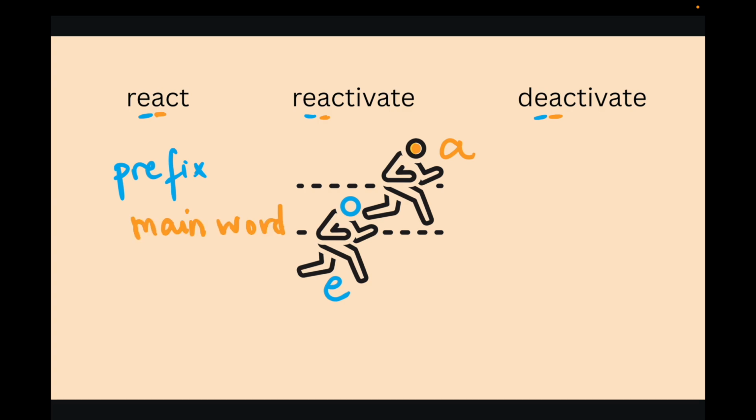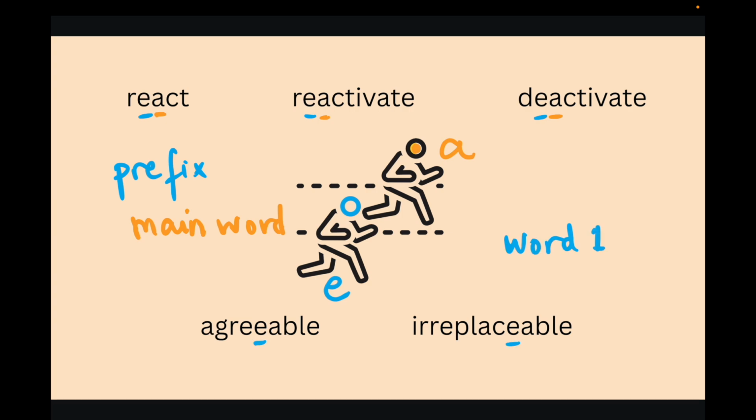React, reactivate, deactivate. In these words, something similar is happening. Letter E is part of word 1, where letter A is part of word 2. Agree, agreeable. Irreplace, irreplaceable. You can hear that this letter E is silent because it was already silent in the original word replace. So we are not going to say anything like irreplaceable or irreplaceable, for example.